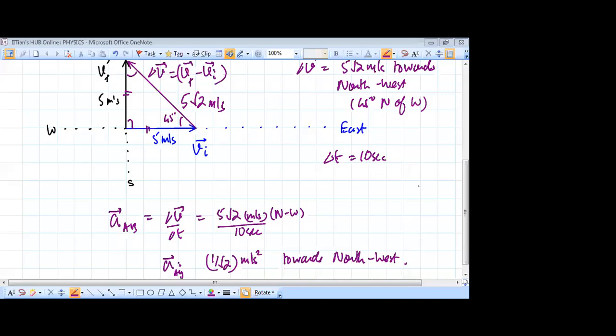Alternately, if we want to use component algebra, we can do this also.